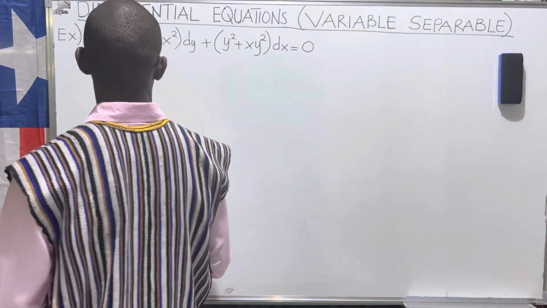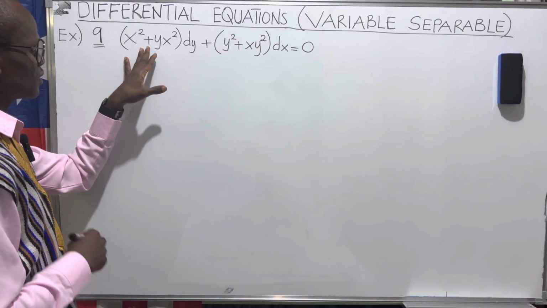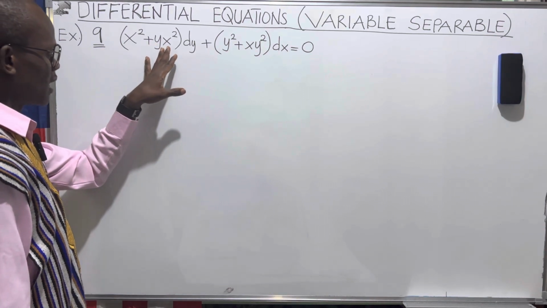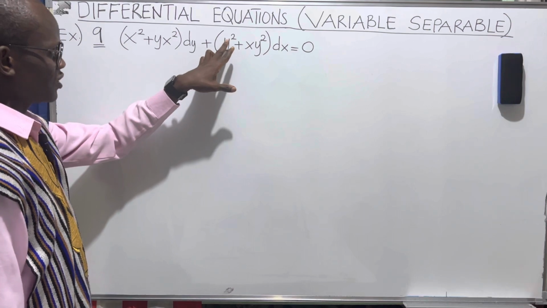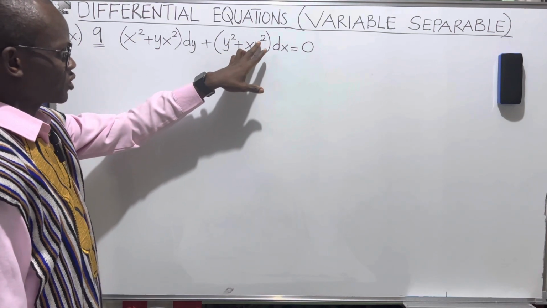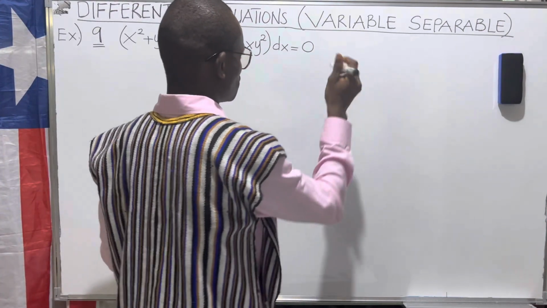Now the problem is (x² + yx²) dy + (y² + xy²) dx = 0. So we're asked to find the general solution for this equation.